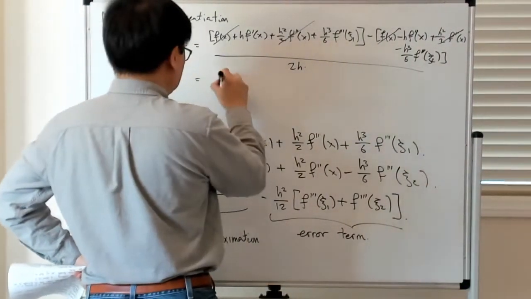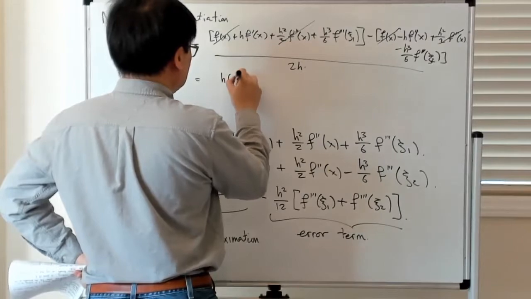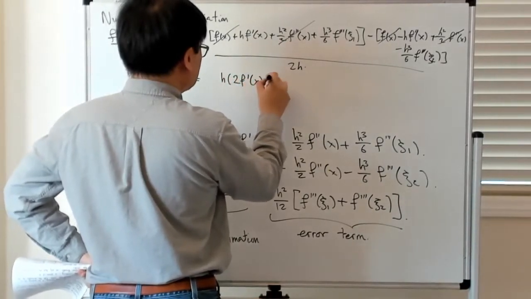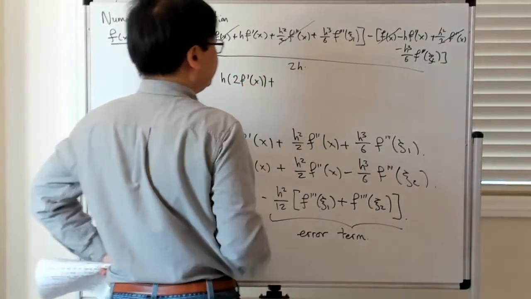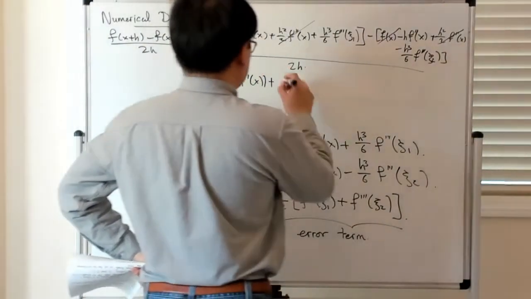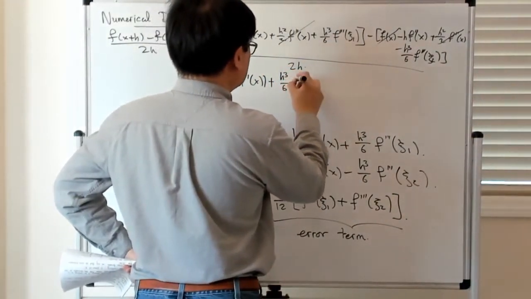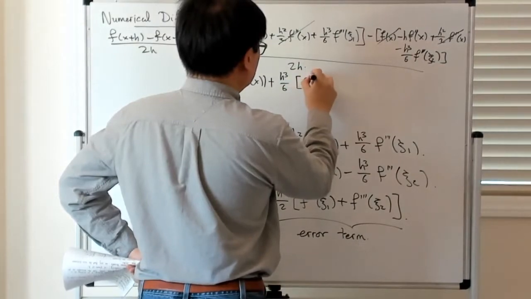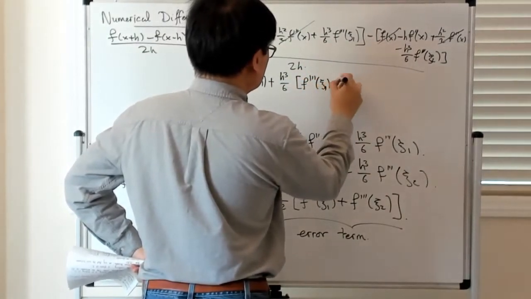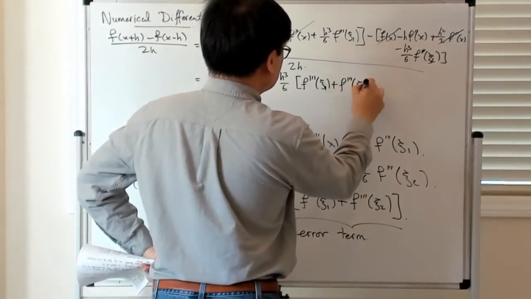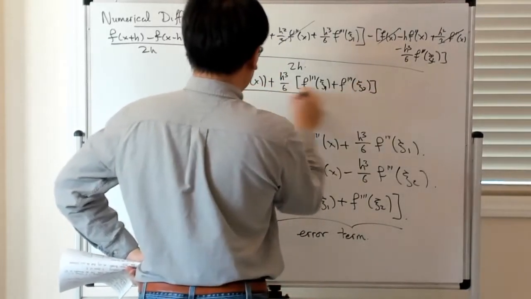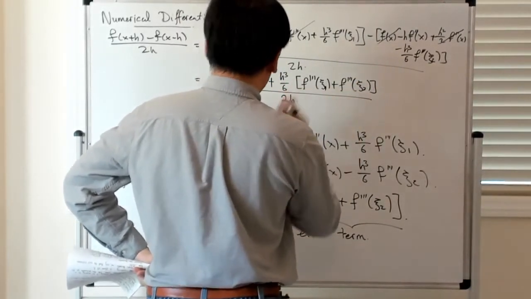So it is h times 2 f prime of x plus h cubed over 6 times f triple prime at c1 plus f triple prime at c2, whole thing divided by 2 times h.